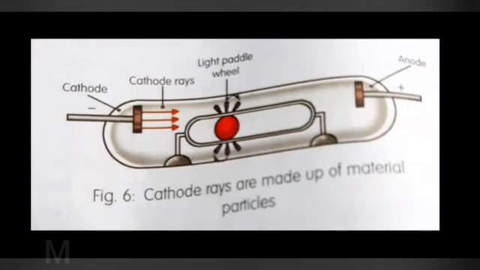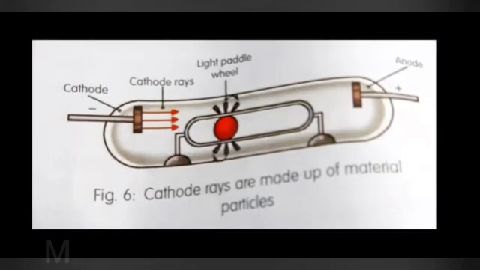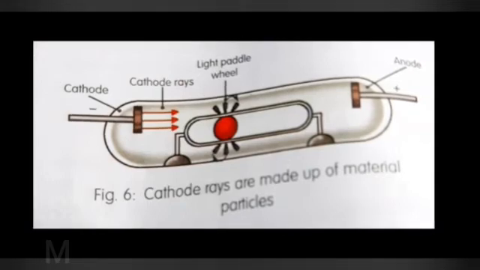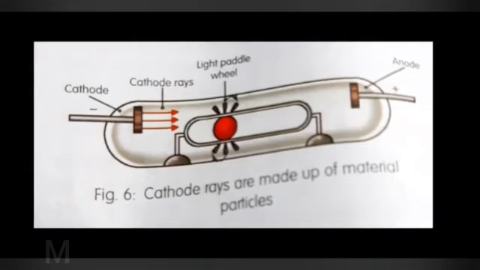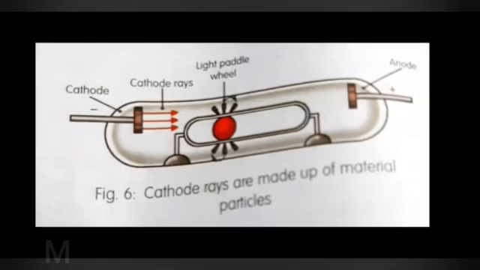So cathode rays are made up of material particles. When different gases were used in the discharge tube, they all emitted cathode rays with similar mass and properties. These negatively charged particles with similar mass and properties discovered in cathode rays were named electrons. It is now known that electrons are present in the atoms of all elements.